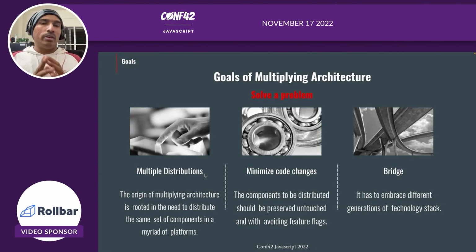So finally, after implementing the multiplying architecture with the micro-frontend strategies, along with the federated modules, we were able to achieve the end results that we wanted: multiple distributions with minimal code changes, and also a bridge between the tech stacks.